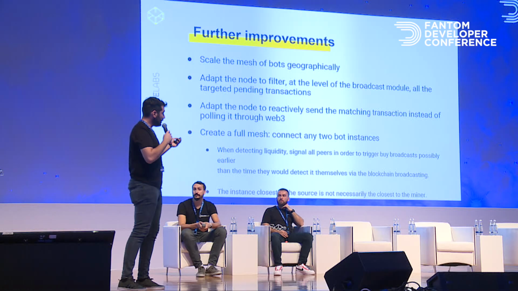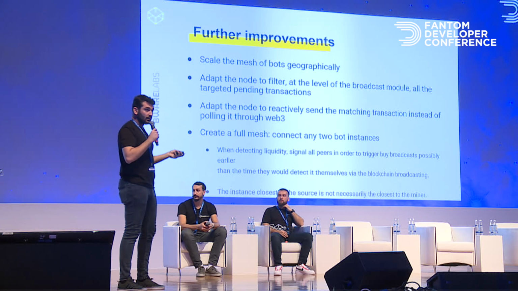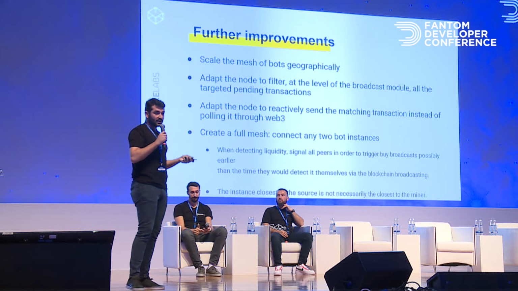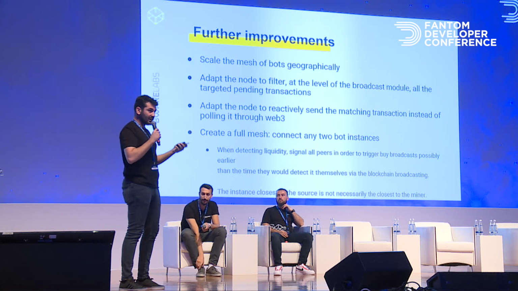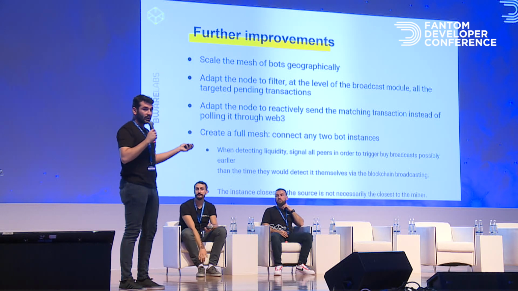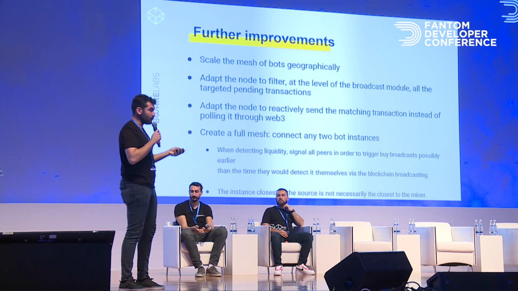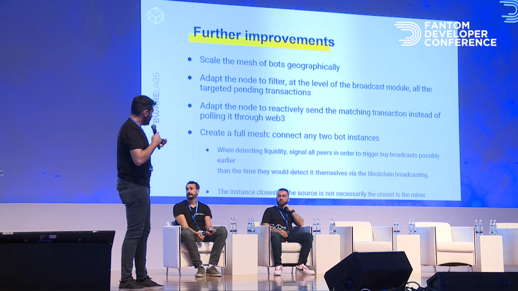And also, reactively, send the transaction once found directly to the bot. In this way, the bot becomes the server and the node becomes the client of that, instead of polling it via Web3.